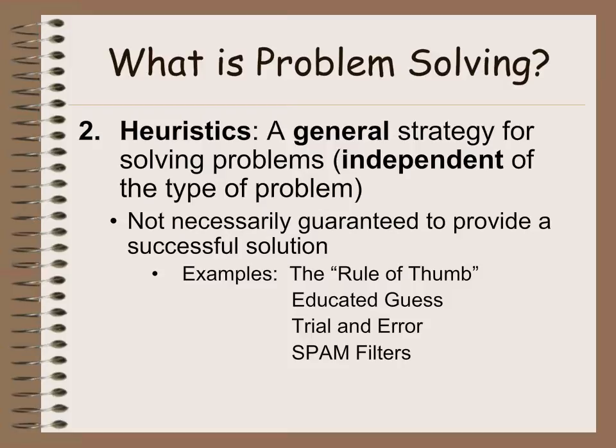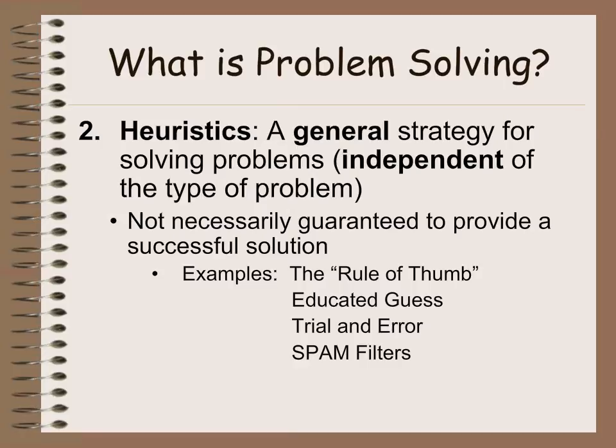Examples of heuristics are the rule of thumb, taking an educated guess based on prior knowledge, trial and error, or spam filters. Spam filters are programs that analyze incoming emails in an attempt to intercept unwanted emails.